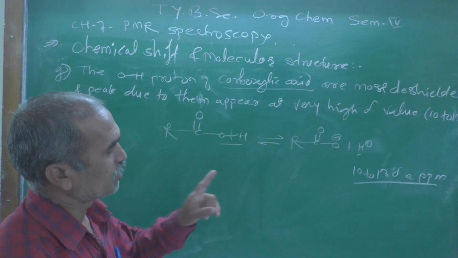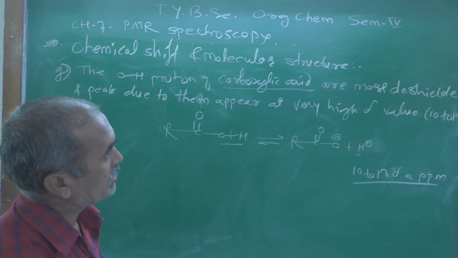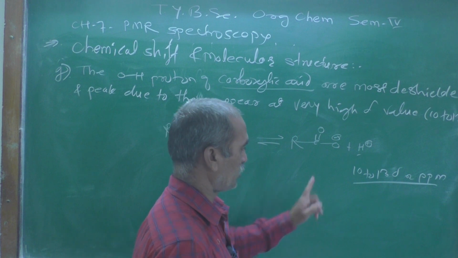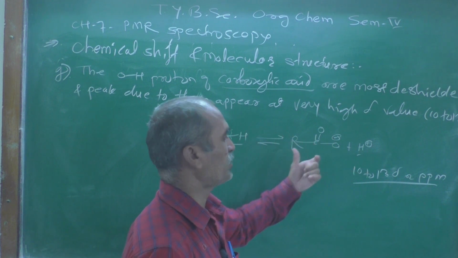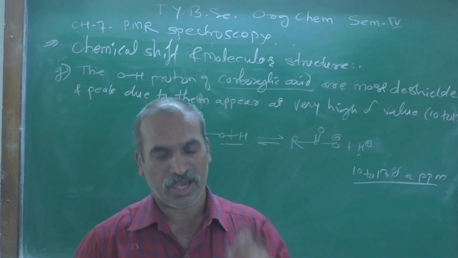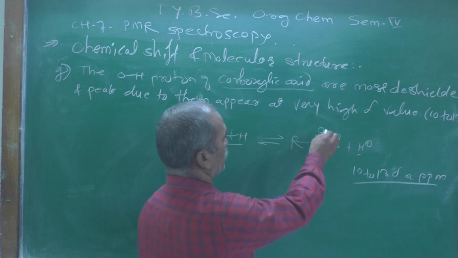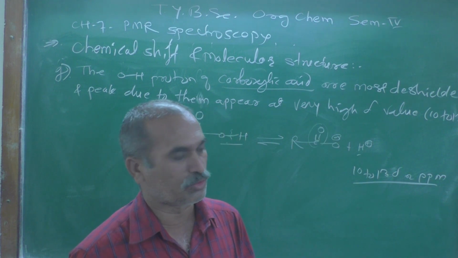Why is this so? Because that proton is very de-shielded, with a delta value of 10 to 13, and whatever conjugate base is formed is well stabilized due to the electron withdrawing carbonyl group.